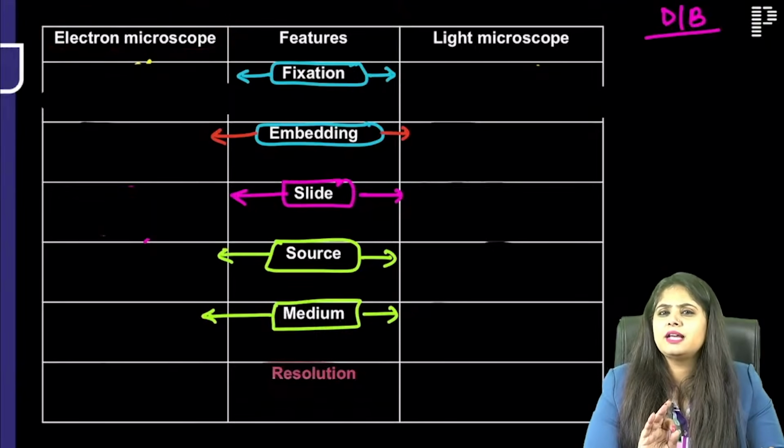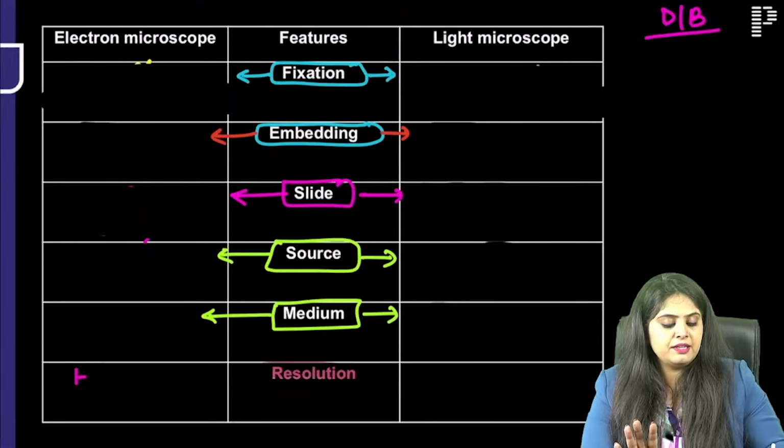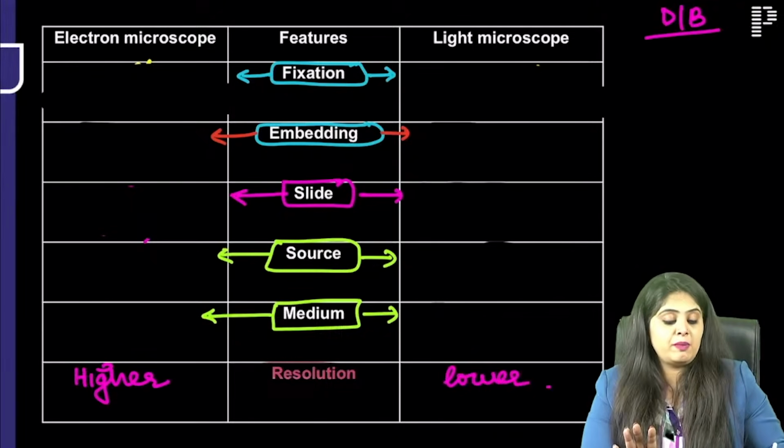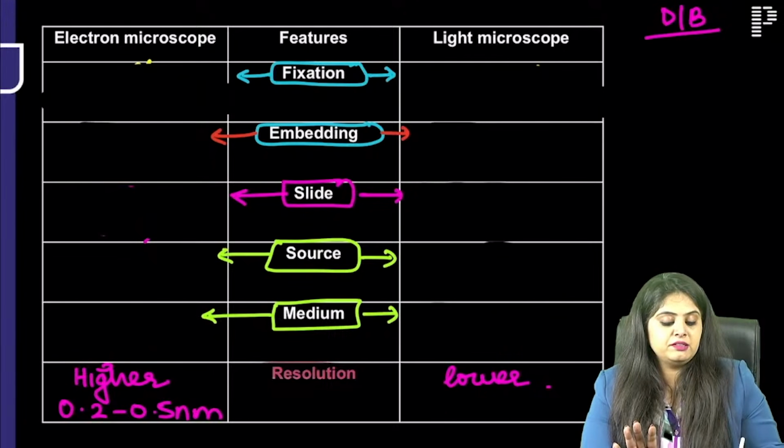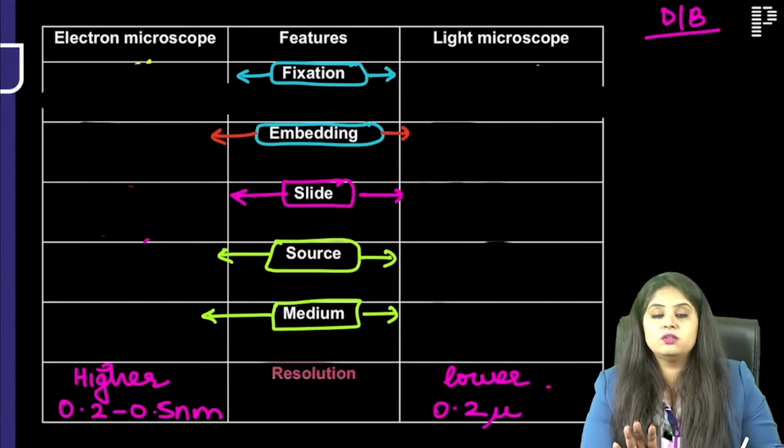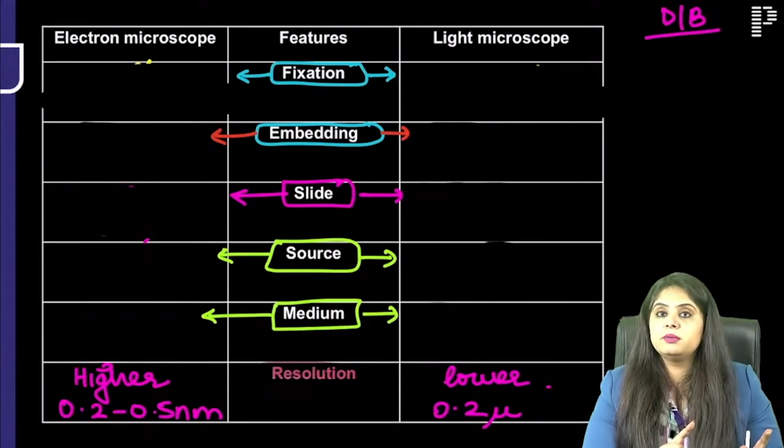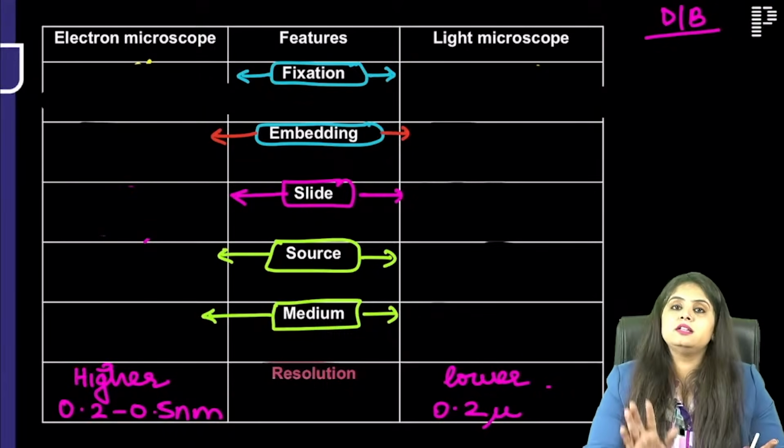If you want to see the tiniest of details, full detail, which has a higher resolution, of course it is going to be the electron microscope. You had told us it was 0.2 to 0.5 nanometers, whereas light microscope was 0.2 microns. Did I tell you resolution in the beginning? So this you know. Now let's study.